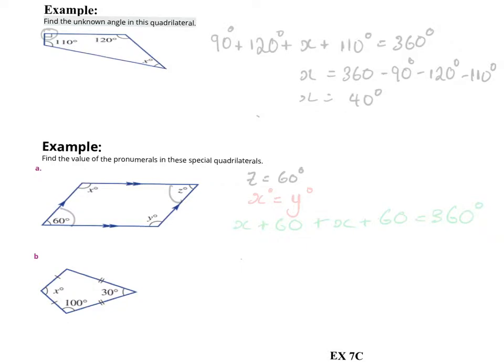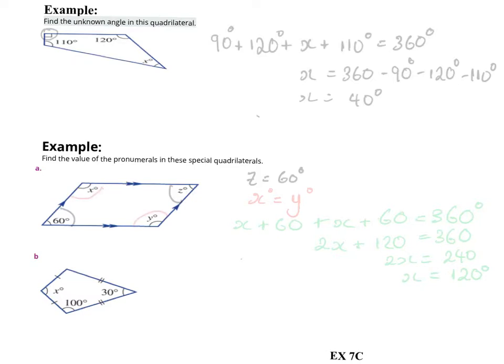So x plus x is 2x, 60 and 60 is 120. Okay, bring the 120 across, 2x is equal to 360, take away 120 is 240, and so divide by 2, x is equal to 120 degrees. So now x equals y, so 120 plus 120 plus 60 plus 60 should all add up to 360 degrees.